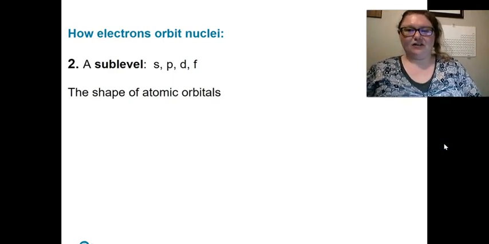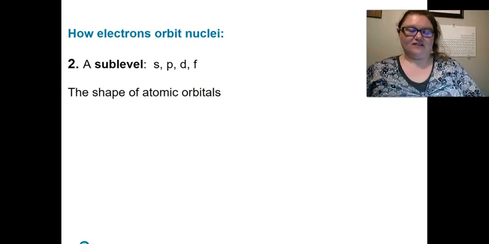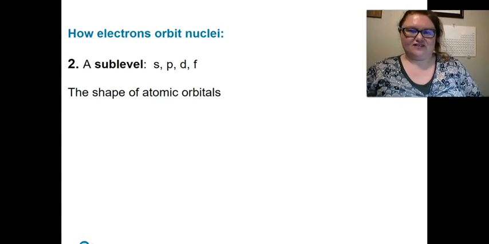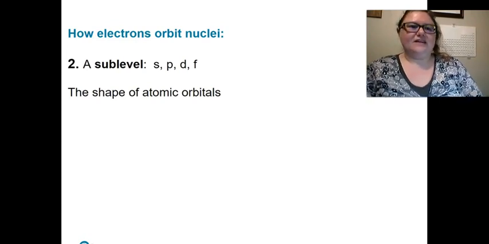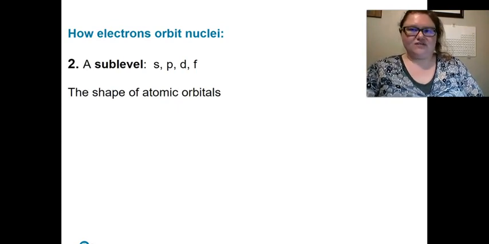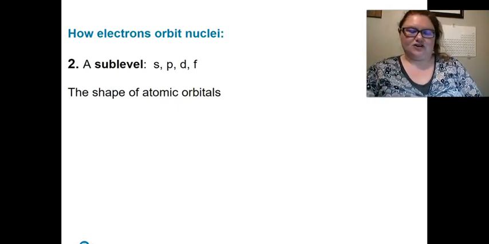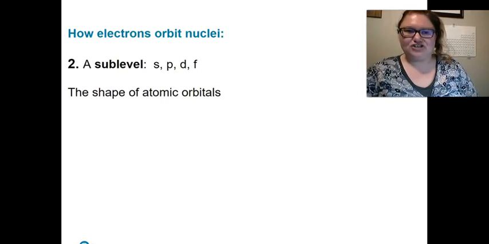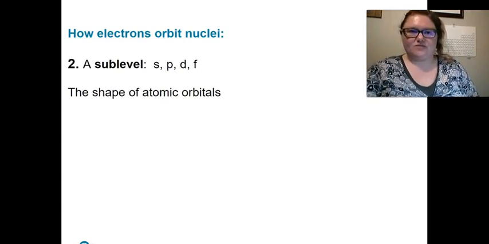A sublevel would be like the street address that's in your town. So we've gone from the town energy level to the sublevel, which is like your street address. It's more specific, right? So the sublevels have letter designations, S, P, D, and F. Those used to stand for particular terms, but later it was discovered that the terms that were originally used did not apply to what the data was showing as data got more specific with this.